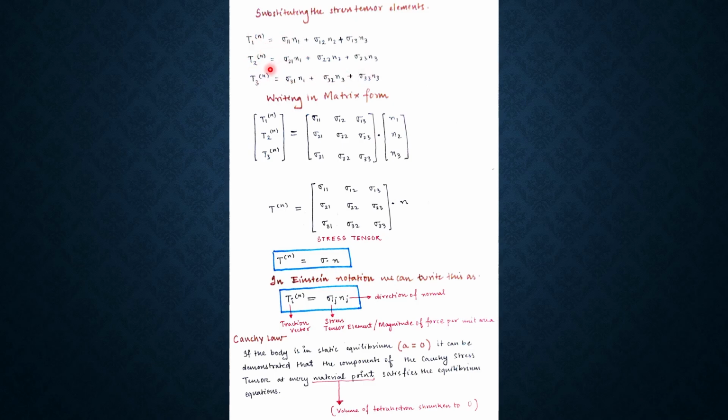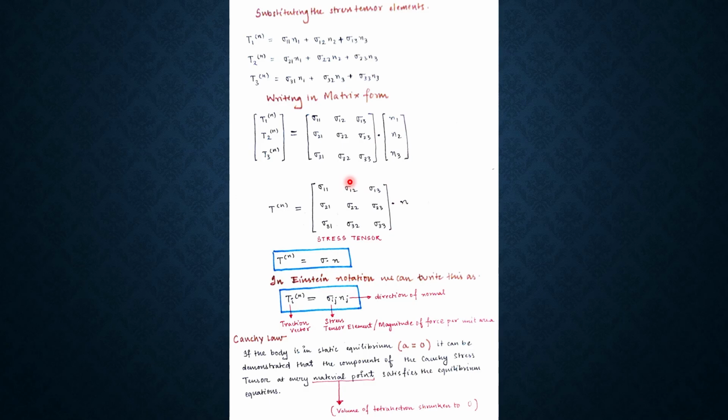These three equations can be represented in matrix form in this manner, having the T, the LHS, as a 3x1 matrix, the normal directions as a 3x1 matrix, and the sigma coefficients as a third-order square matrix. Consolidating this even more, we can write it as the traction vector, the normal direction, and this matrix, let's say the sigma matrix as of now.